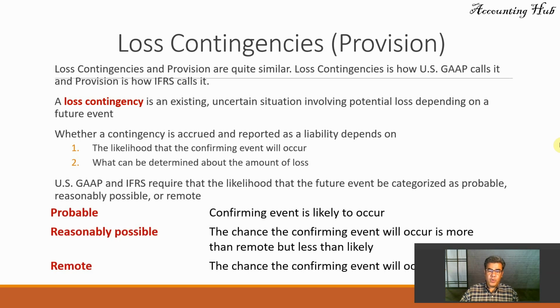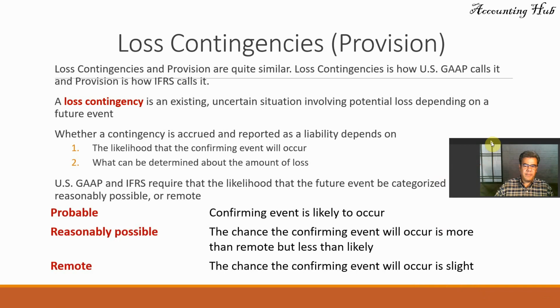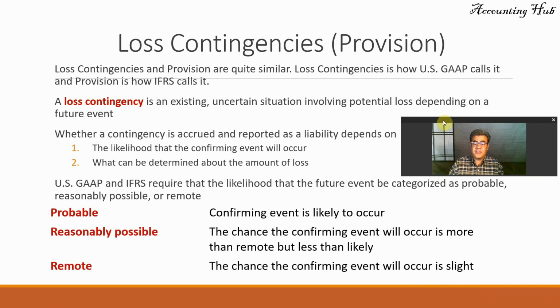So, probable: the confirming event is likely to occur. Reasonably possible: the chance the confirming event will occur is more than remote, but less than likely. Remote: the chance the confirming event will occur is slight. So that is how we work.